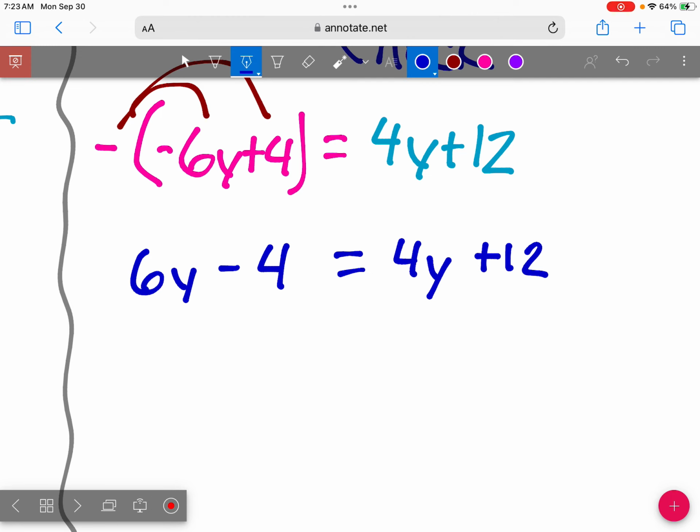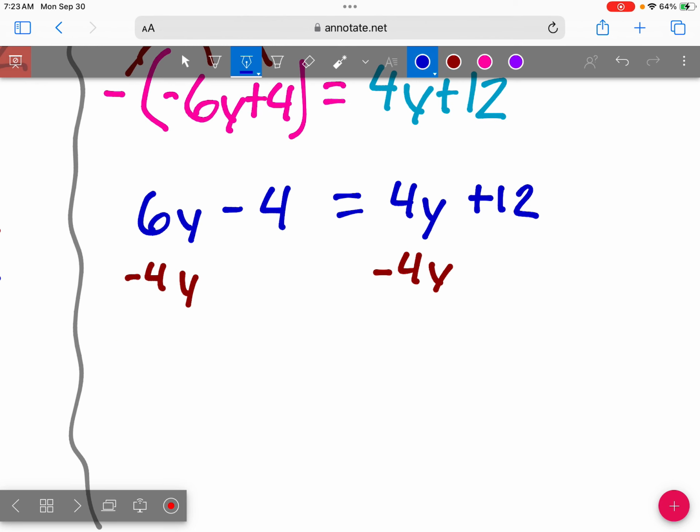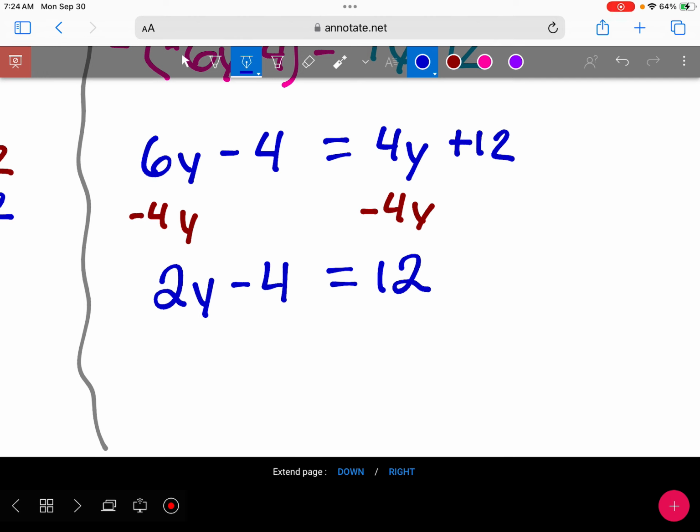Let's move the 4y. If we always move the smaller of the y's, we will wind up with significantly fewer negative numbers. So we have 2y minus 4 equals 12 plus 4. So we have 2y equals 16. So y equals 8.